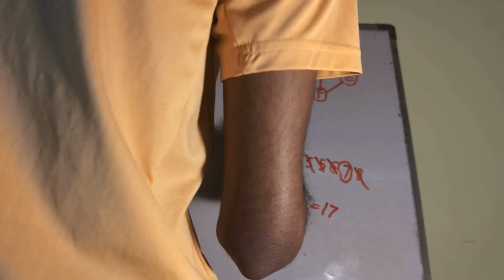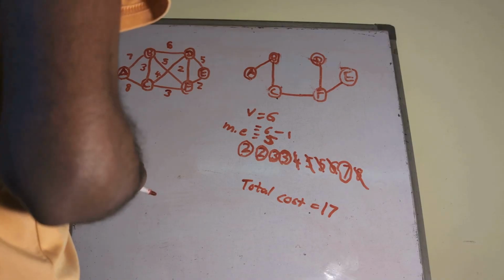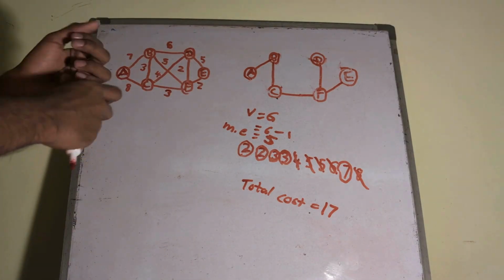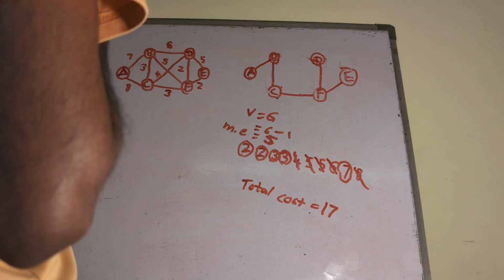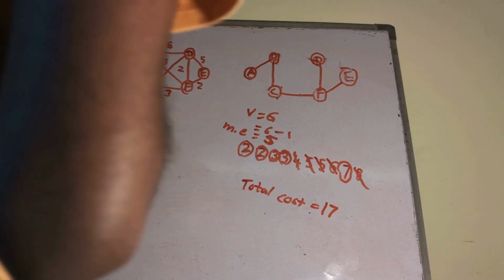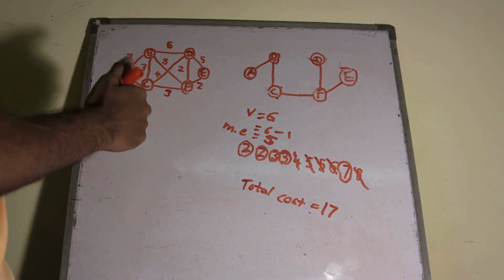That is how you get the MST in this graph. So I think you can get some idea about how the MST, Kruskal's algorithm, actually works using a weighted graph.